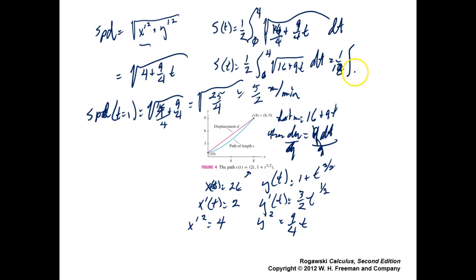When t is 0, the u is 16. And when t is 4, 36 plus 16. What is that, 52? Am I doing it right? 4 times 9 is 36 plus 16. I think it's 52, isn't it? Okay. What's your integral now?